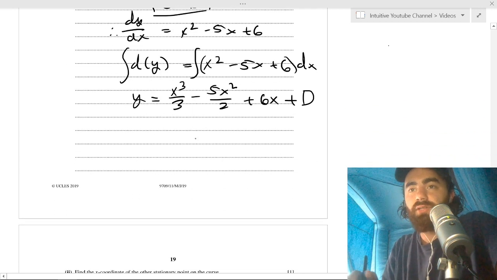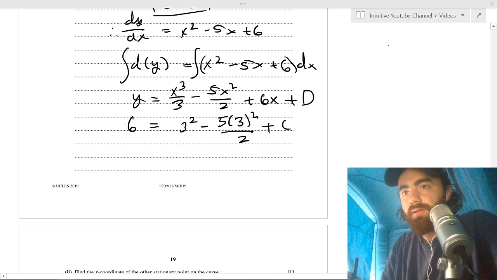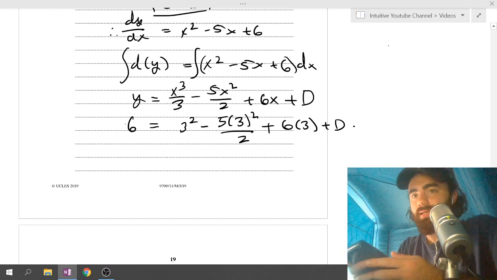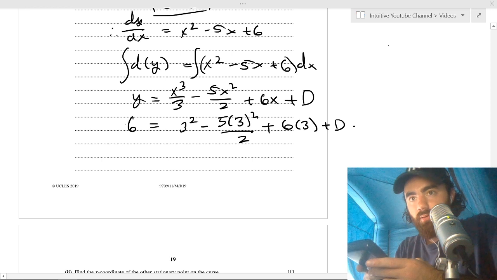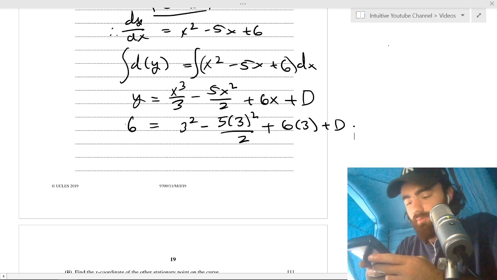So now we can find d by just substituting the point (3, 6). So we get 6 equals 3 cubed over 3, which is just 3 squared, minus 5 times 3 squared over 2, plus 6 times 3, plus d. So then we can find our d. 3 squared times 5 divided by 2 times -1, plus 18, plus 9.